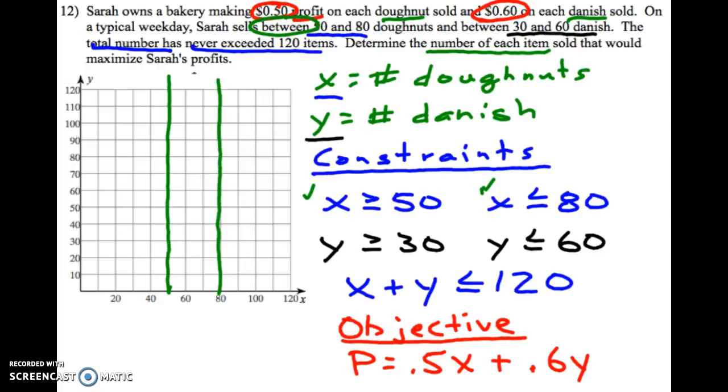Since it said between, we know we're going to be between those two lines. The Y's are going to be bigger than 30, so we find 30 on the Y-axis and go across. Then we find 60 on the Y-axis and go across. So we're going to be inside that rectangle to start with.